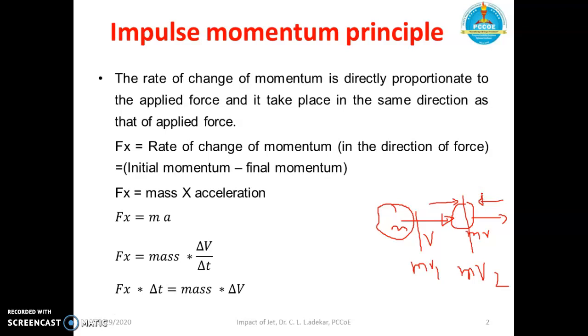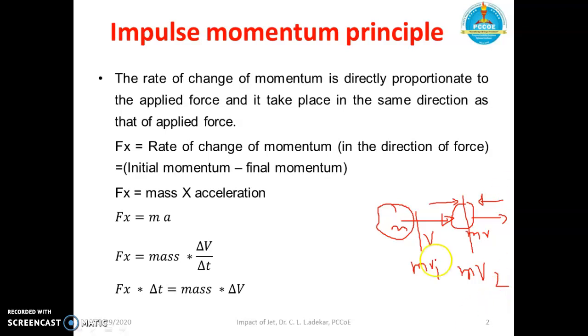Suppose one vehicle is coming towards you and you applied a counter force on that vehicle, the momentum of that vehicle as well as yours also gets changed. But the momentum got reduced if you applied force in the counter direction.